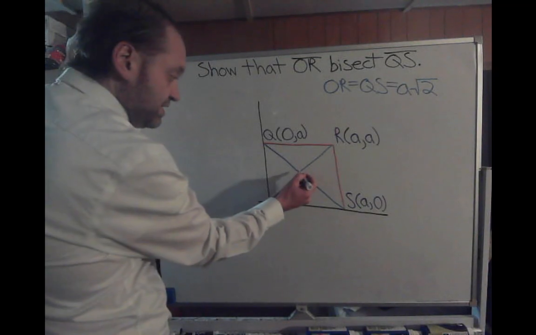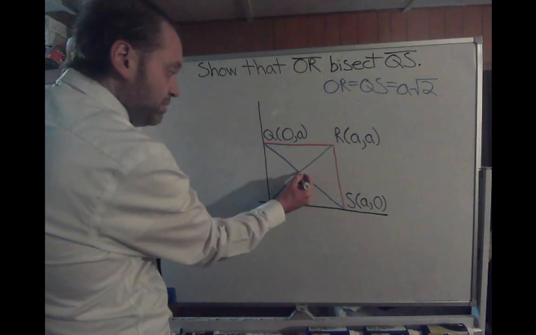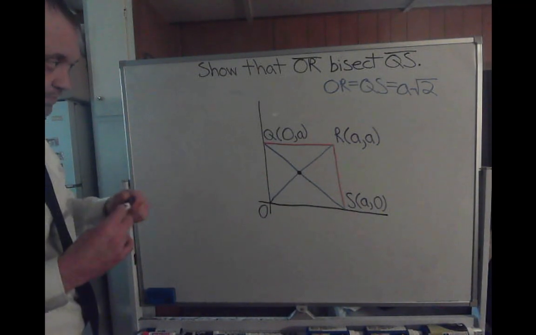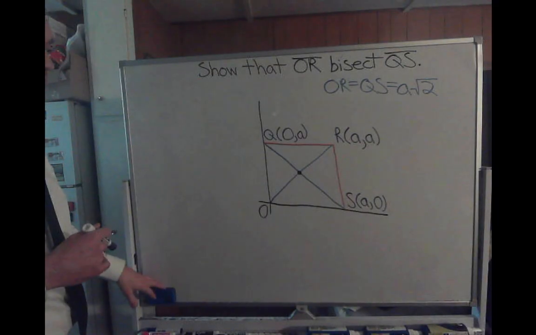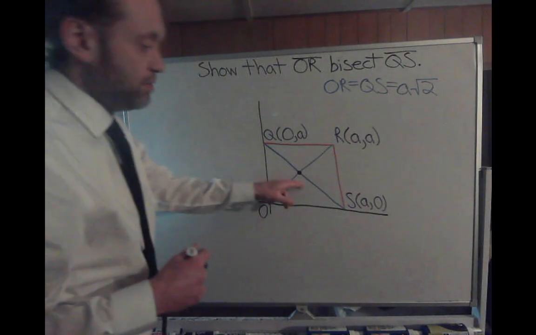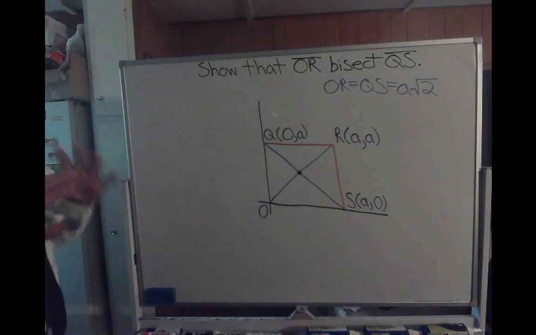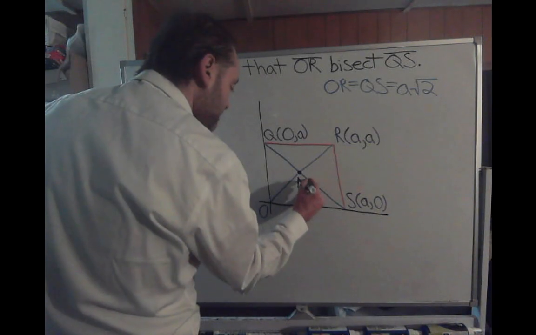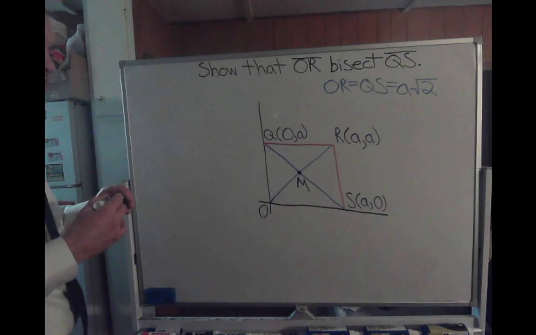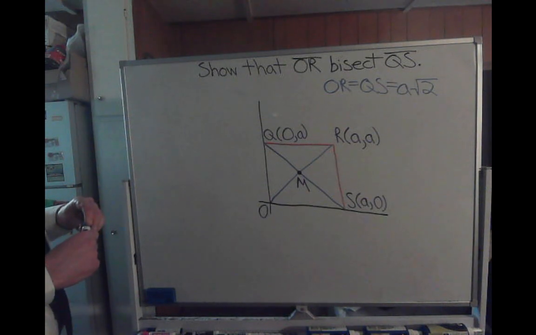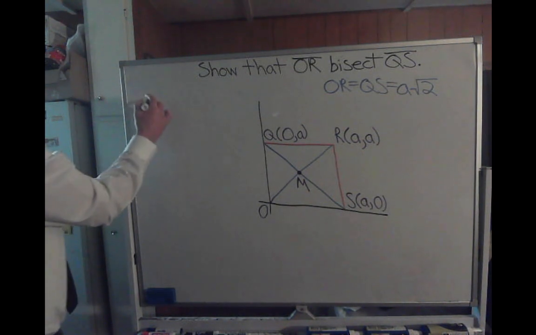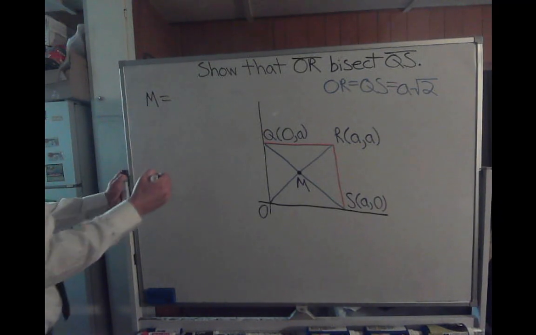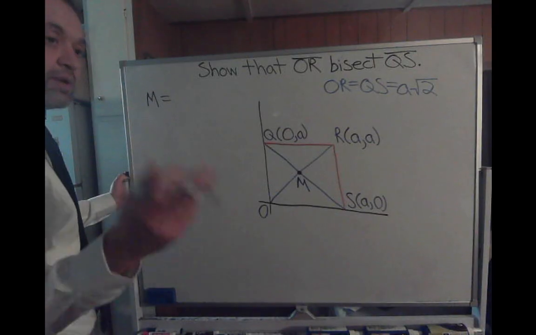That means that the diagonals will meet at the midpoint of each of the diagonals. So we need to find the coordinate of the midpoint here in the middle. This is going to come into play. I'm going to call this coordinate point M for the midpoint. That might help us. Now, if you want to find M, you're going to want to use your midpoint formula.